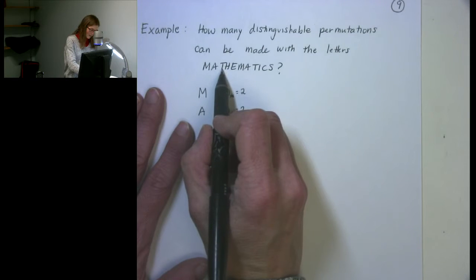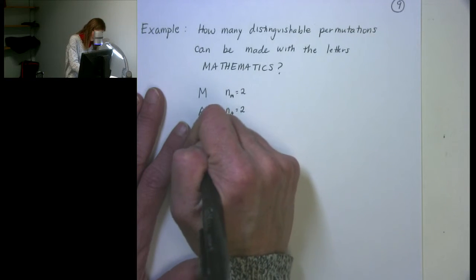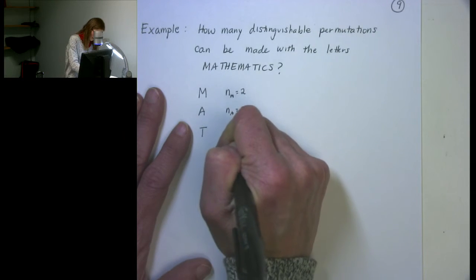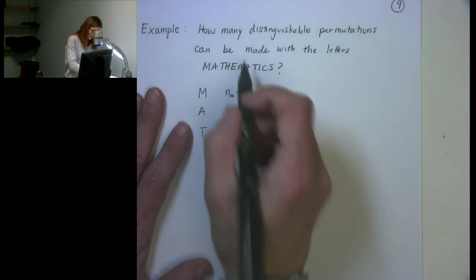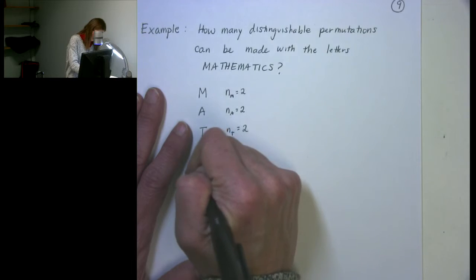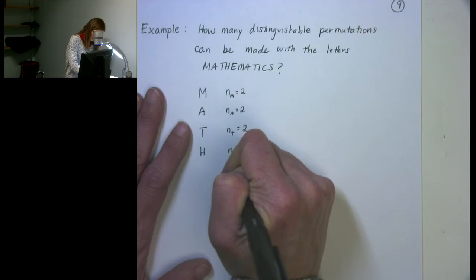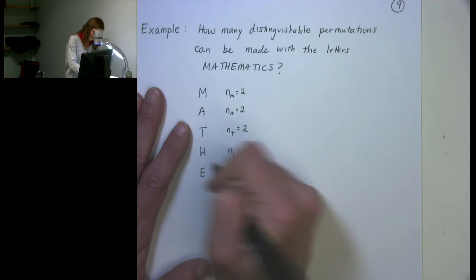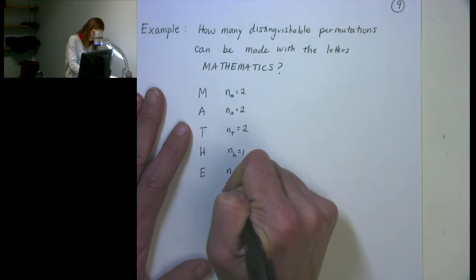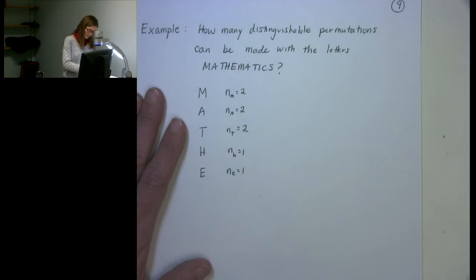I've got letters of type T, and there are 2 of those. I've got letters of type H, and I've only got 1. I've got letters of type E, and there's only 1 of those.